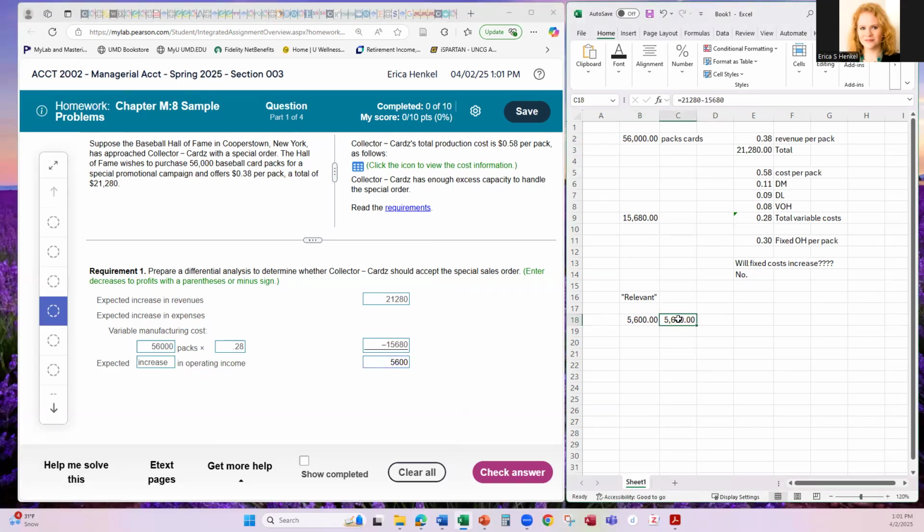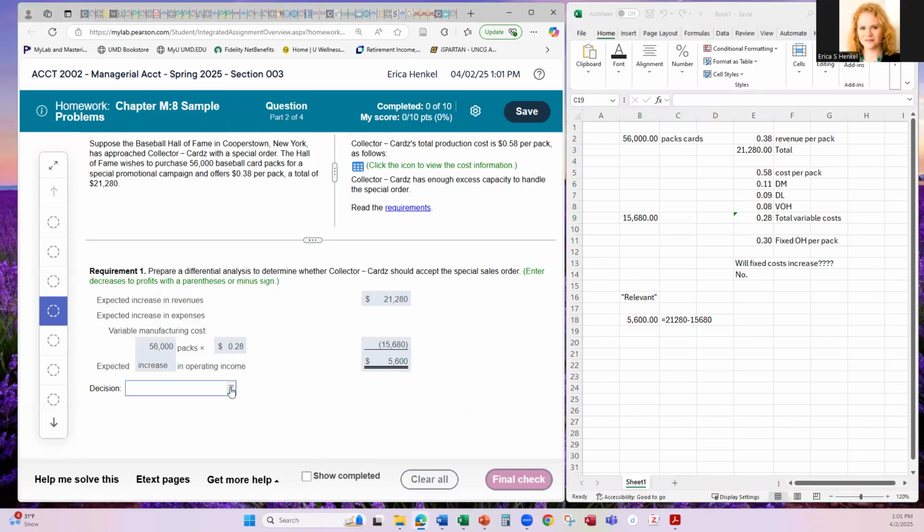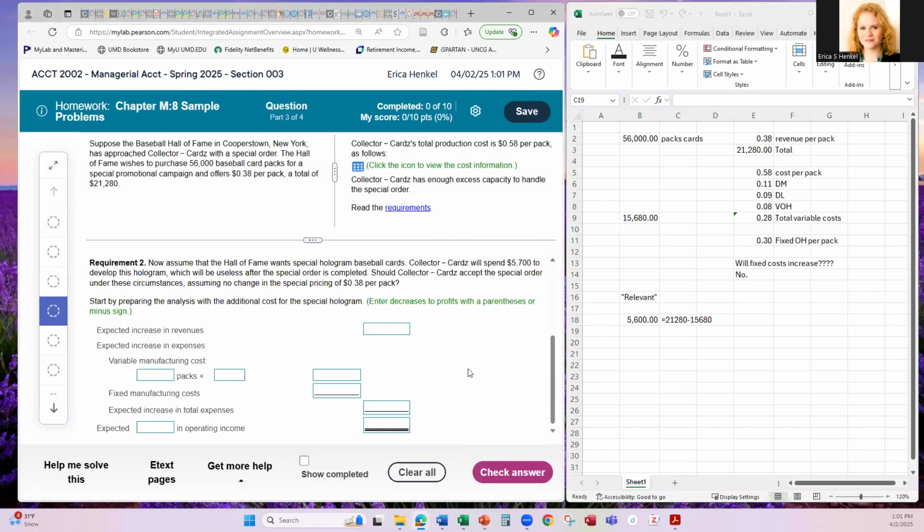So from a dollar perspective, to me, it looks like this is a good deal. Okay, so under this condition, we would accept our special sales order for these cards because our fixed costs would not change.